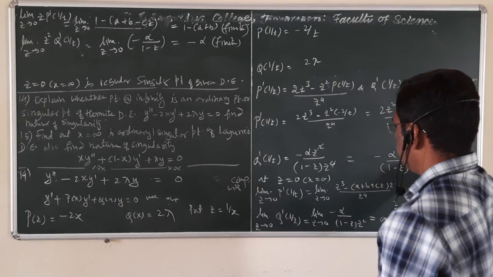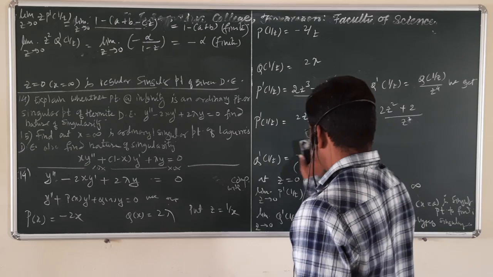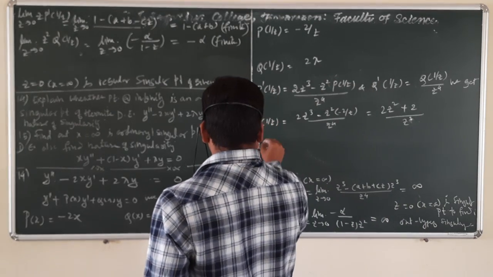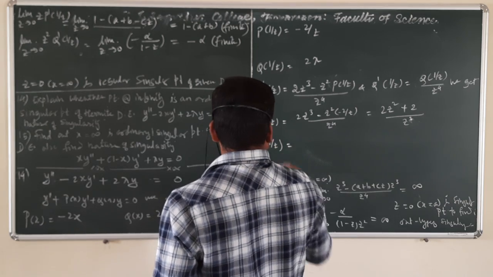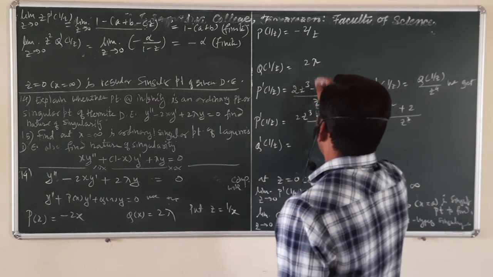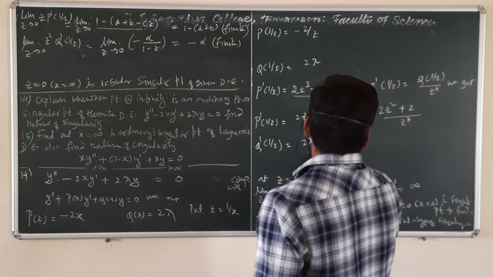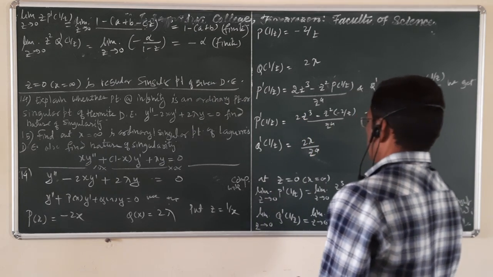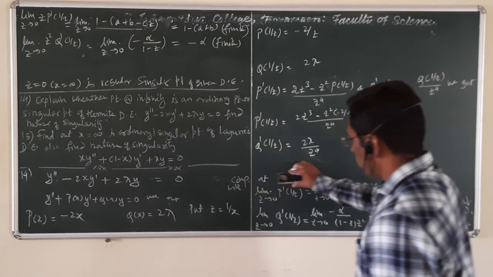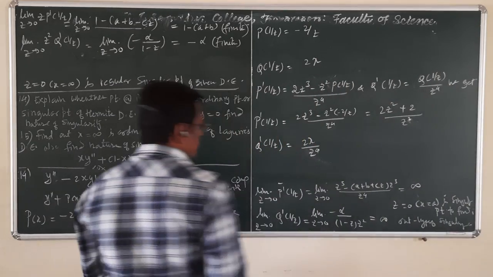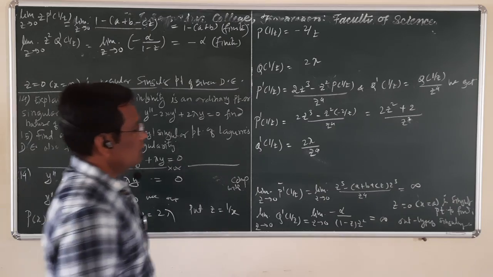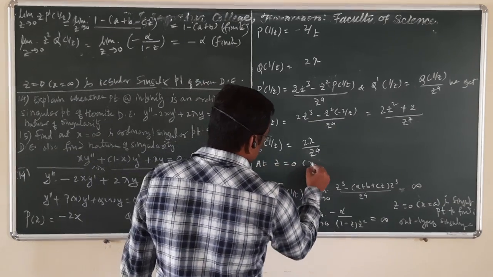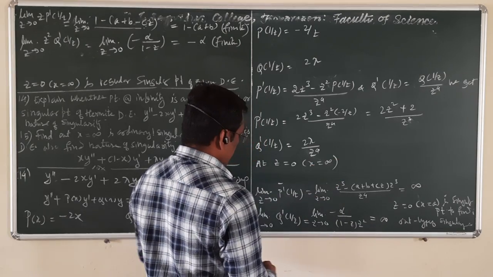Similarly, q dash of 1 upon z is equal to, now q of 1 upon z, which is 2 lambda, divided by z raised to 4. So at z is equal to 0, we are checking singularity at z is equal to 0, which is x is equal to infinity.